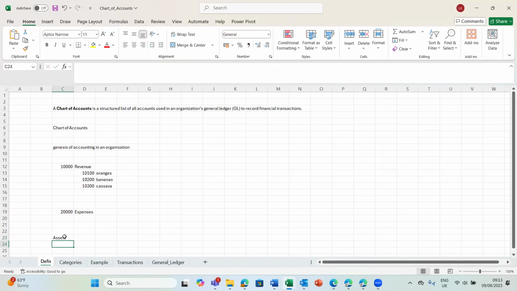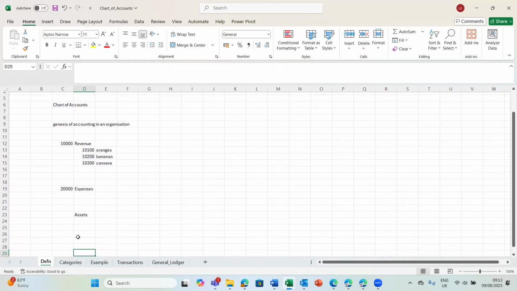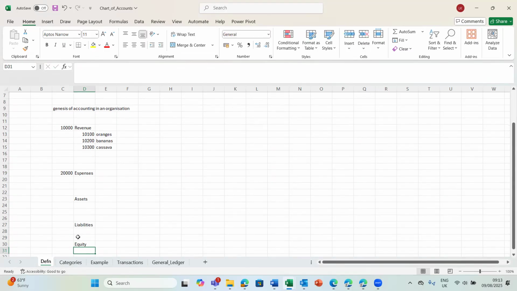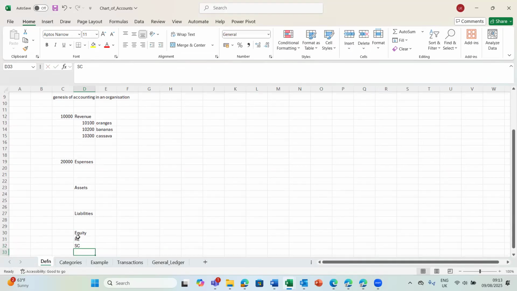You also have codes for liabilities, current and non-current. And then you also have codes for equity, retained earnings, share capital, all that.